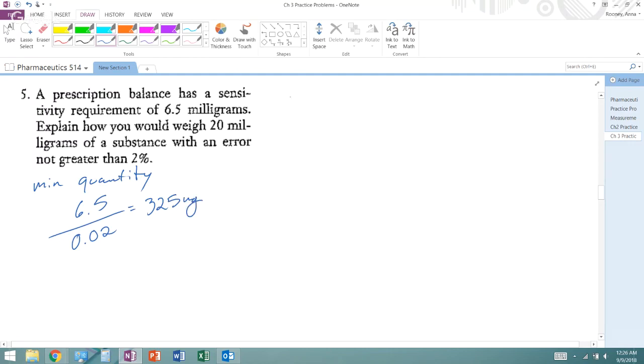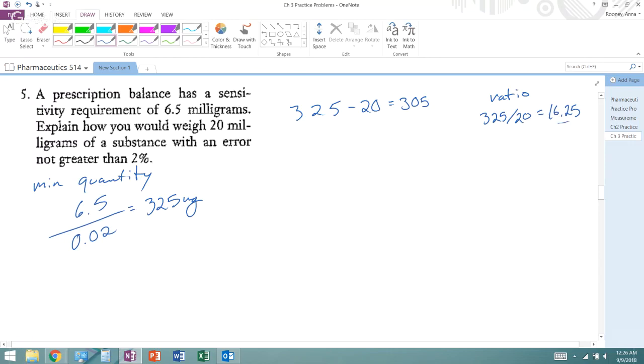And then we're looking for 20 milligrams of a substance. So do 325 minus 20 equals 305. And then we have to find our ratio, which is 325 divided by 20 equals 16.25.